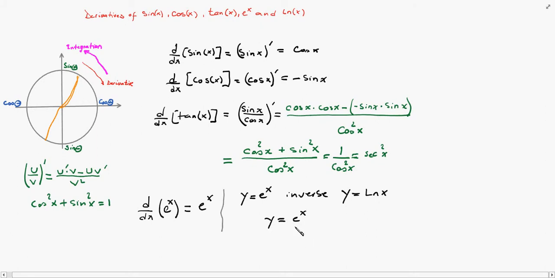This means that the log of y equals x. So this is an inverse. So we wrote the natural log in here, and the natural log of e to the x is x.